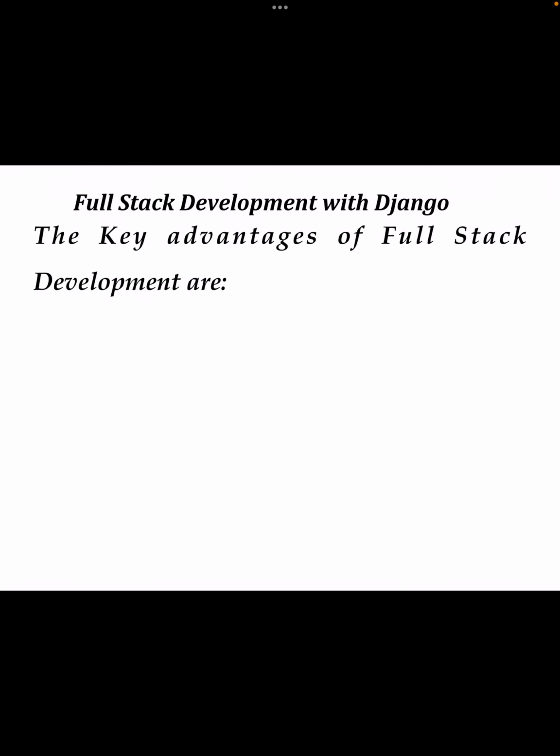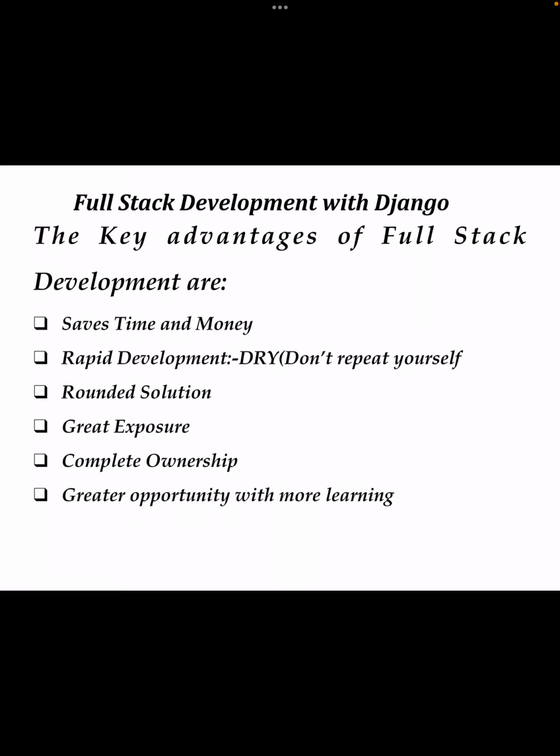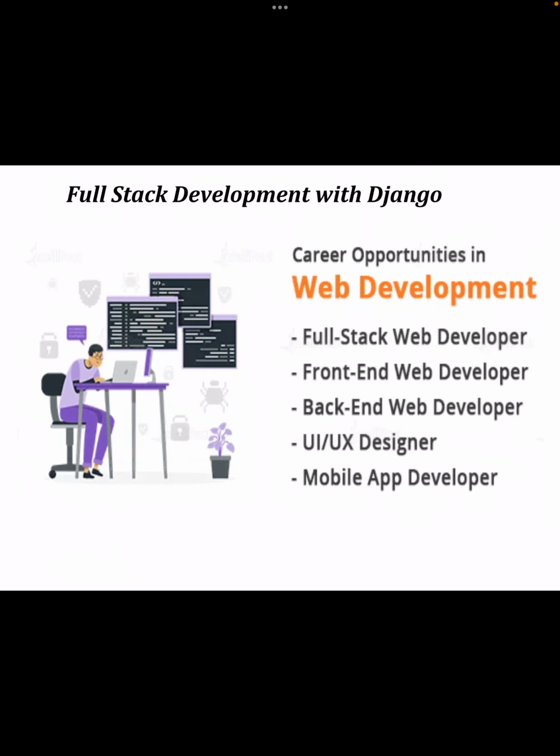There are different advantages of using full stack development with Django. It saves time and money, and offers rapid development, don't repeat yourself, rounded solutions, great exposure, complete ownership, great opportunity with more languages, and a built-in database.